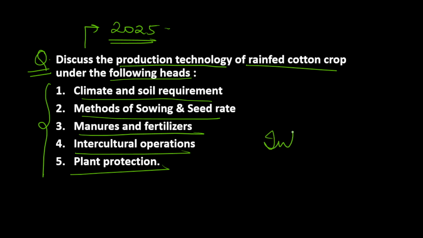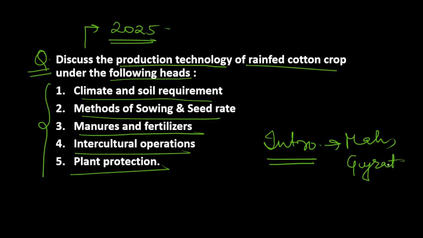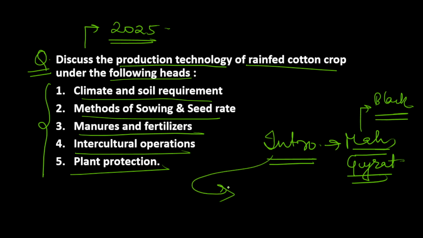So, in the introduction part, you can mention something about cotton, that states such as Maharashtra and Gujarat are good at producing cotton in India. Obviously, because of the presence of black soils in Maharashtra, you can mention those things. You can also mention that the production of cotton in India has increased with the introduction of BT cotton.